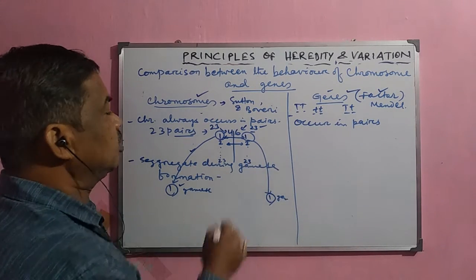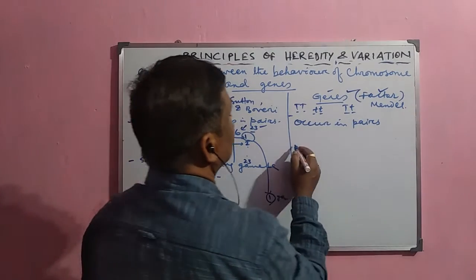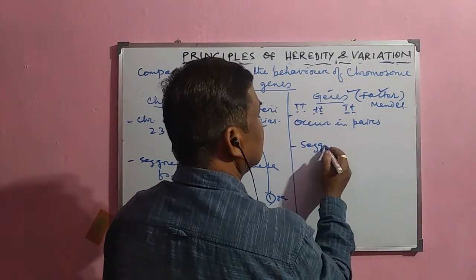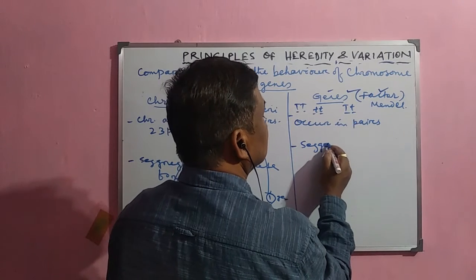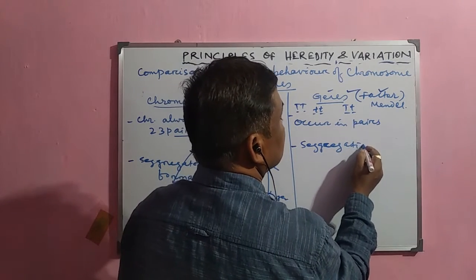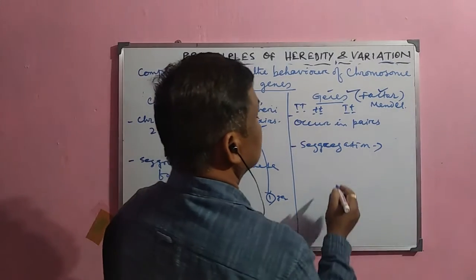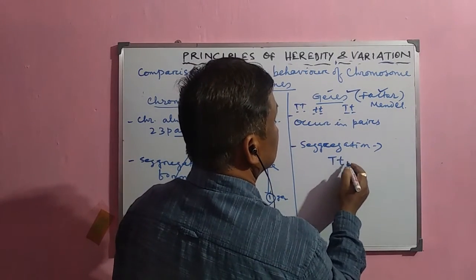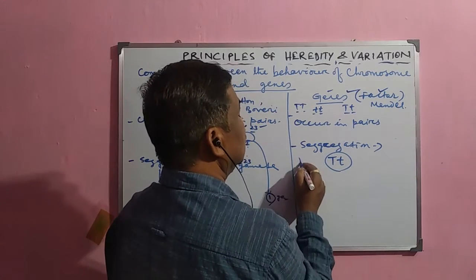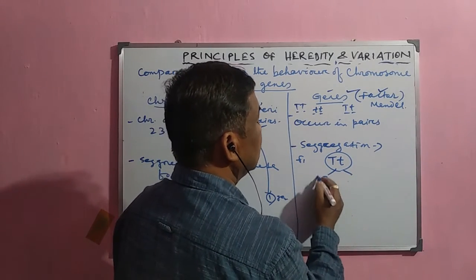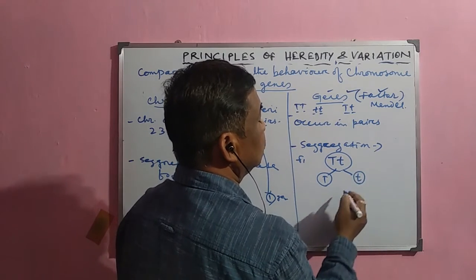This type of segregation also occurs in the case of factors or genes, and here Mendel explained how, suppose this is one pair in the F1 generation of a monohybrid cross, during gamete formation one gamete is formed like this and another gamete is formed like this.